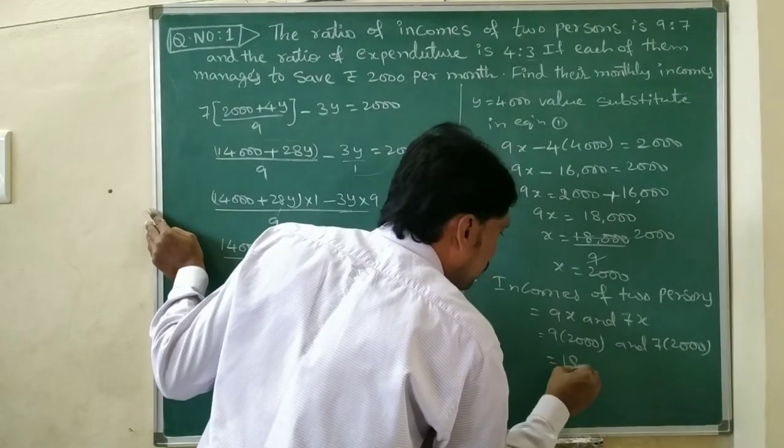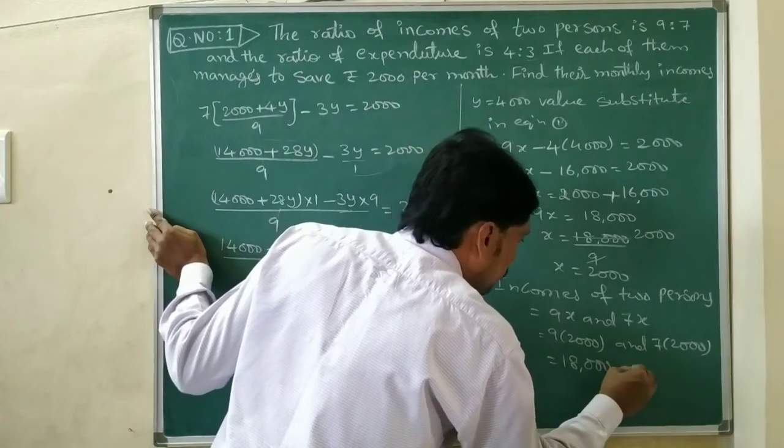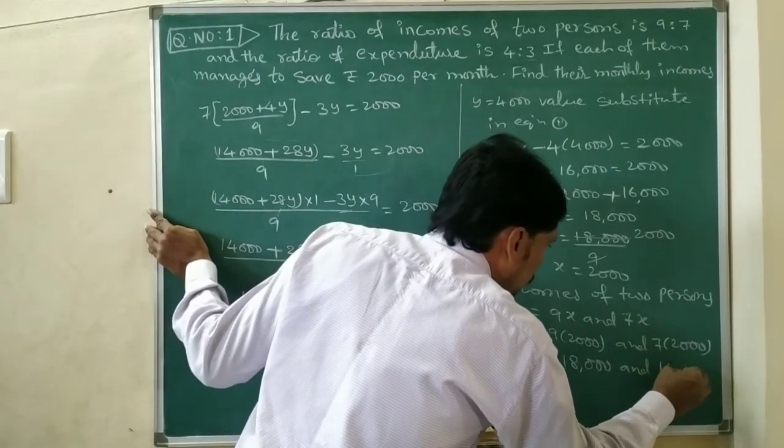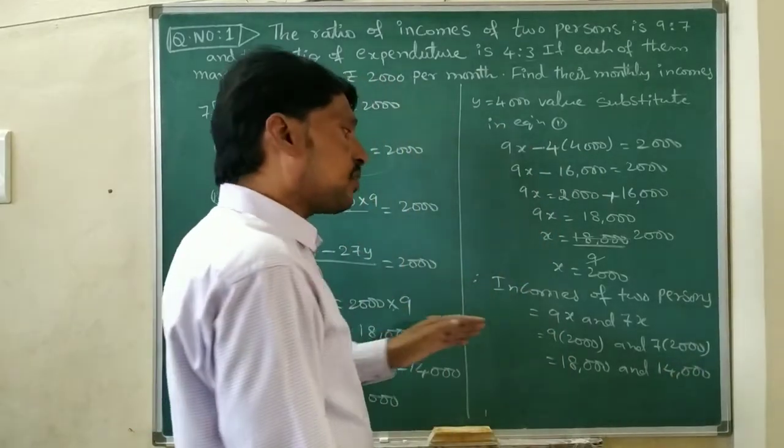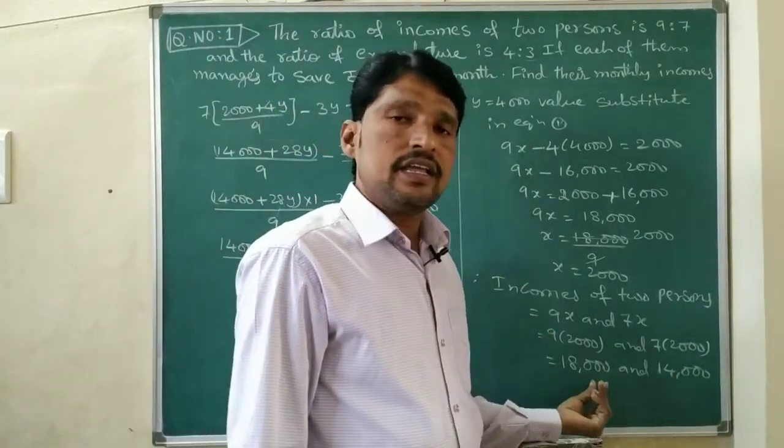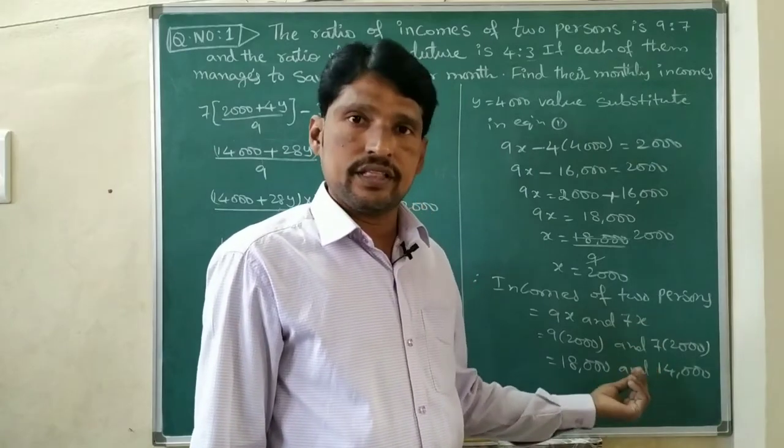So 9 into 2000 is 18,000 and 14,000. So the incomes of the 2 persons we got here are 18,000 and 14,000.